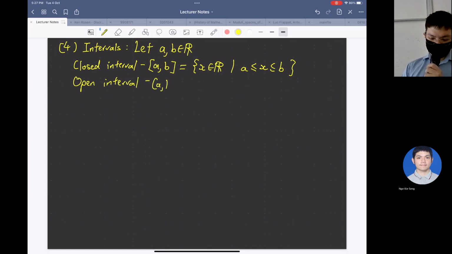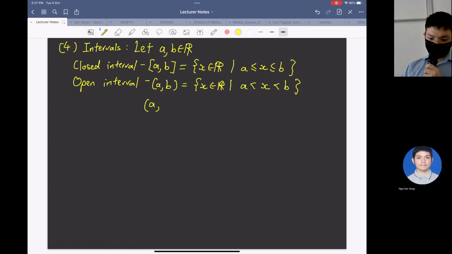The open interval is strictly greater than a and strictly less than b, so it cannot include a and b. We put a round bracket; square bracket means we include a and b.